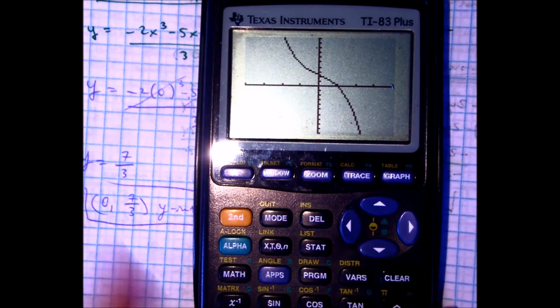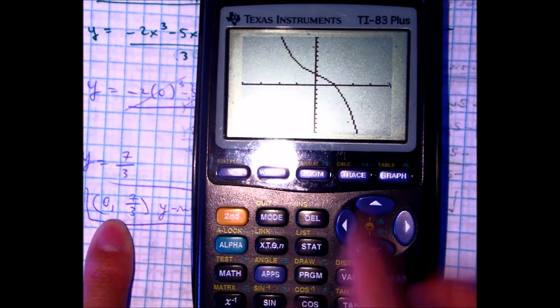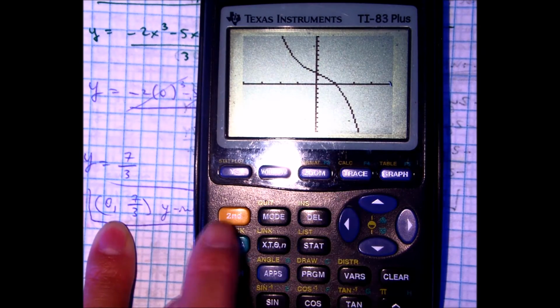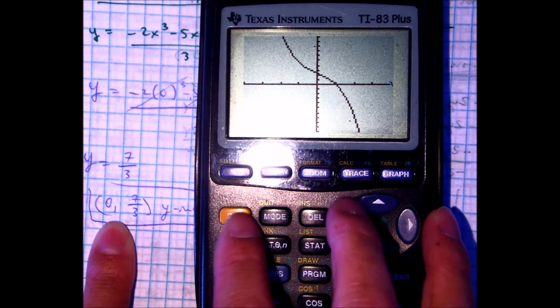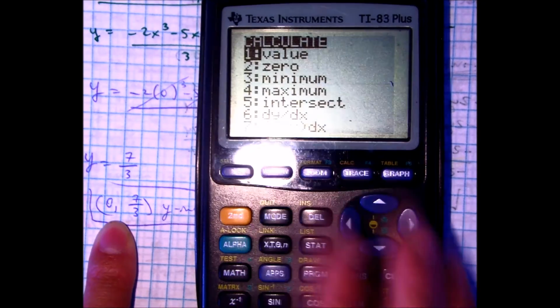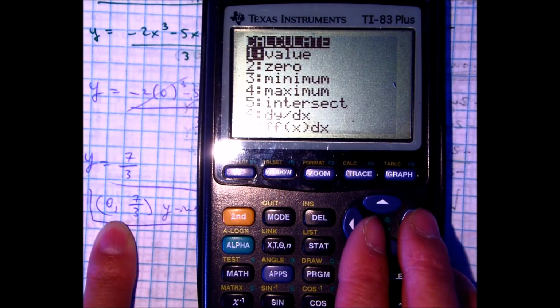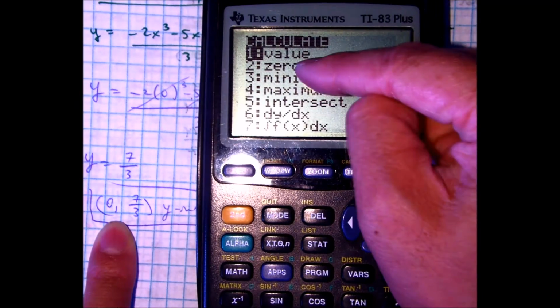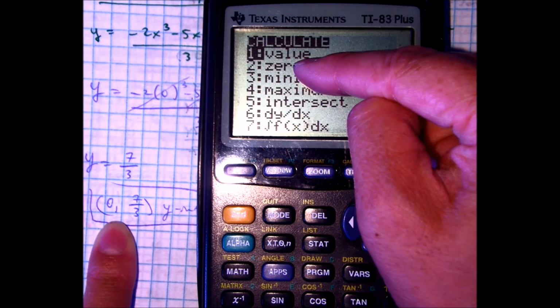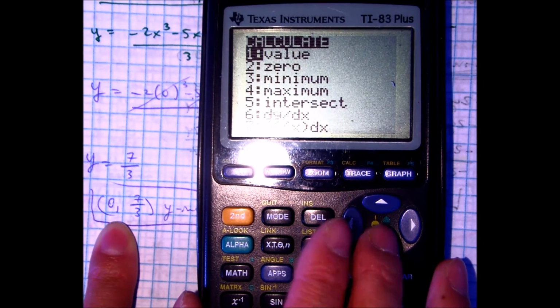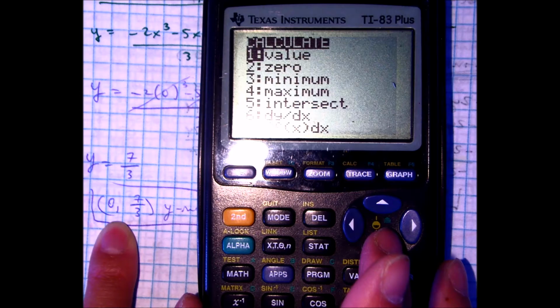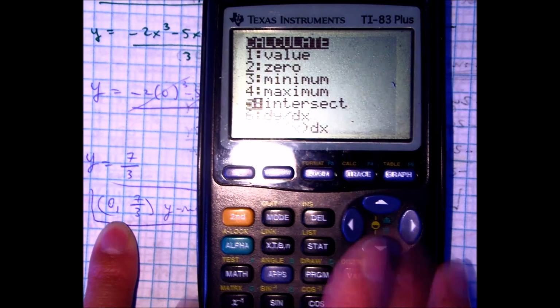Alright, so we already know that the answer is 0, 7/3, but we can also use calculate. So everyone say second trace. Say it. Now when it says zero, this is referring to the x-intercept. Okay? So I could do something like, let's try intercept.